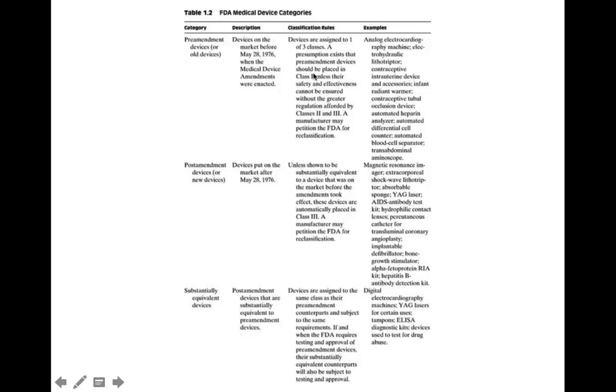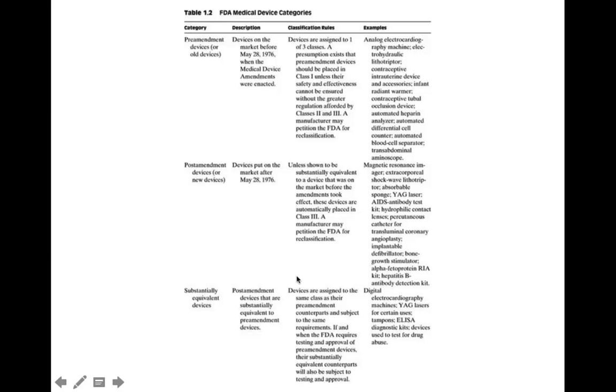Back then, things were divided into one of three classes, and it depends on safety and effectiveness. After 1976, unless they are substantially equivalent to a previous device, they're all placed in class 3, which is the more stringent category with greater regulation.